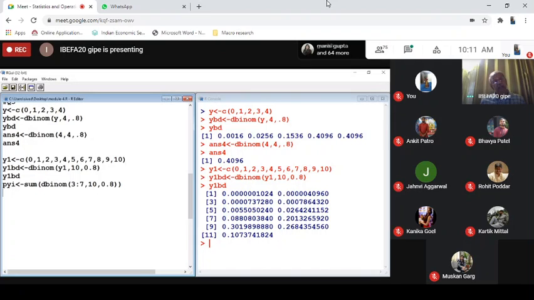Minimum 3 and maximum 7 students out of 10.